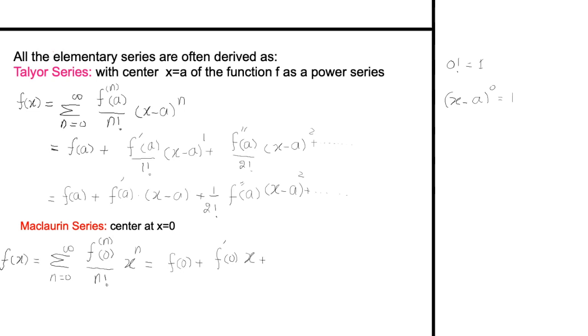The next term, n equal to 2, will represent the second derivative evaluated at x equal to 0 divided by 2 factorial into x squared, and so on. So these are the two series which are the basics of the expansion of any function.